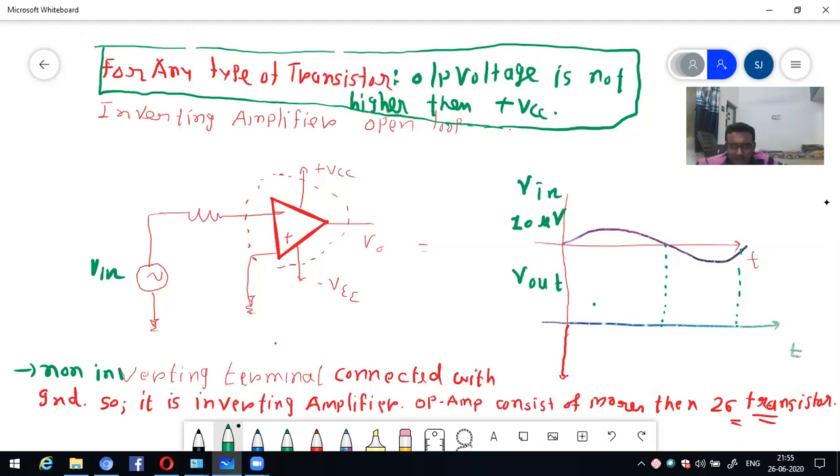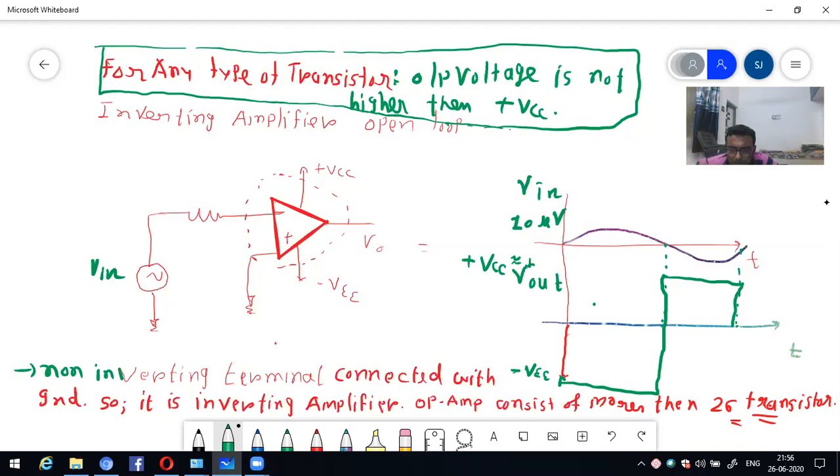The maximum output is either minus VEE or plus VCC. So here we get minus VEE and here we get plus VCC. It is the minus saturation level, it is the plus saturation level.